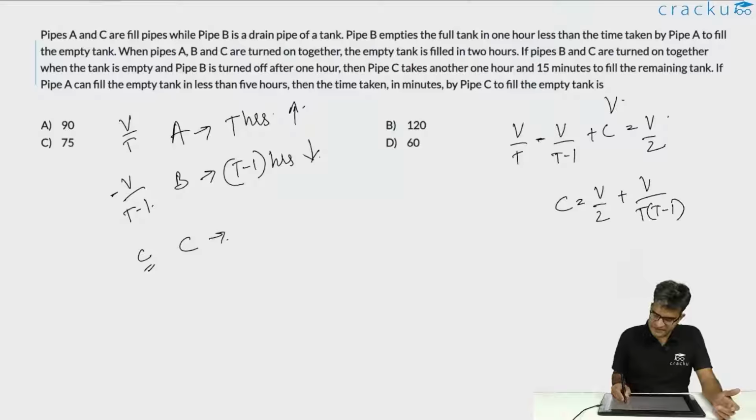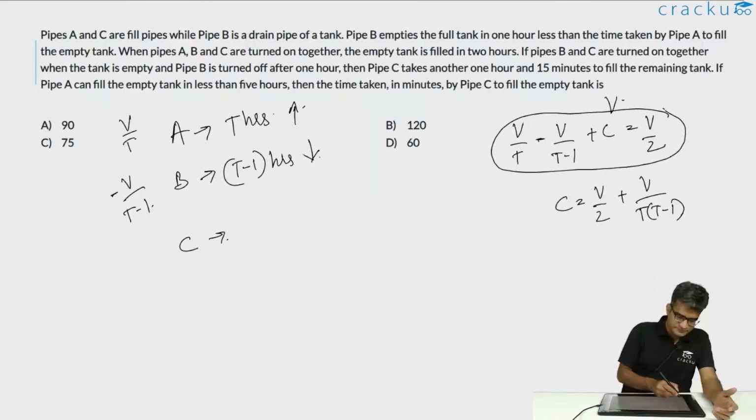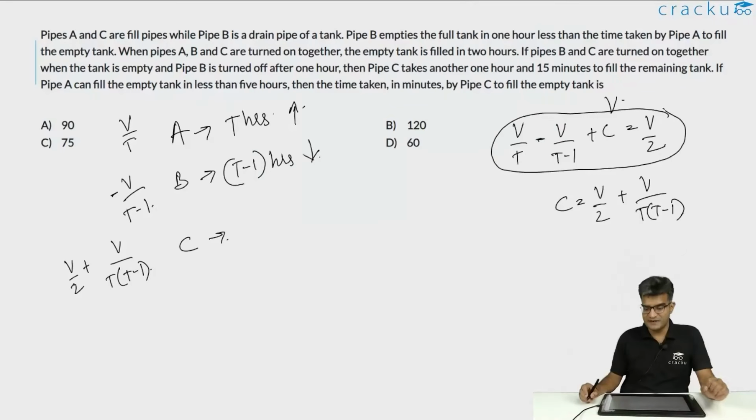We are just simplifying this equation. The value of C will be equal to V by 2 plus V divided by T into (T minus 1). That is the amount of water filled by C in 1 hour.